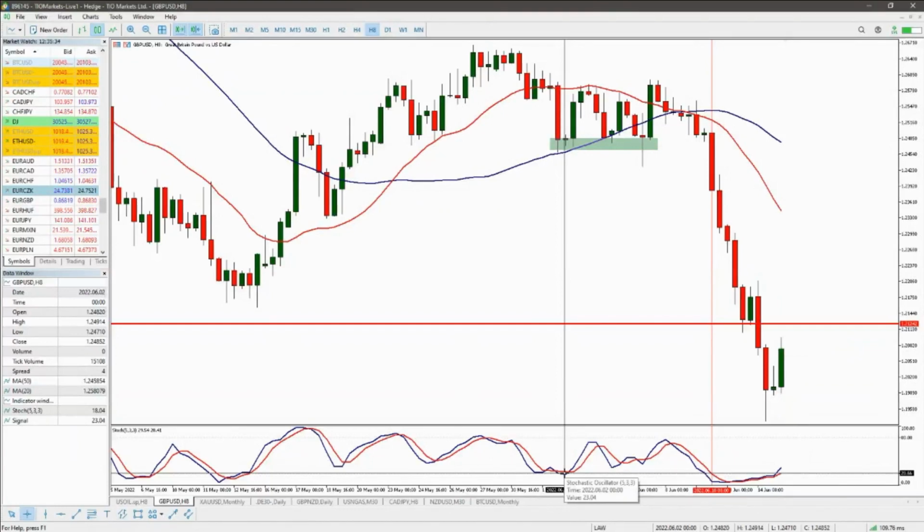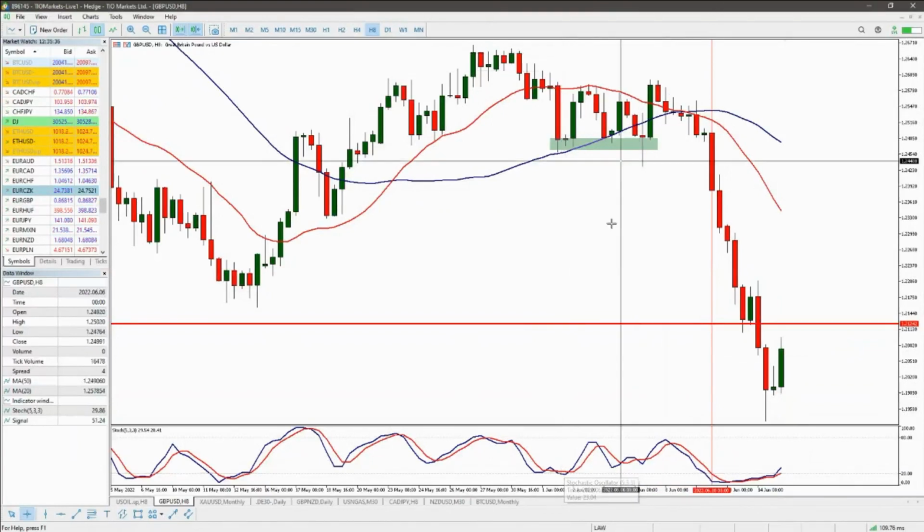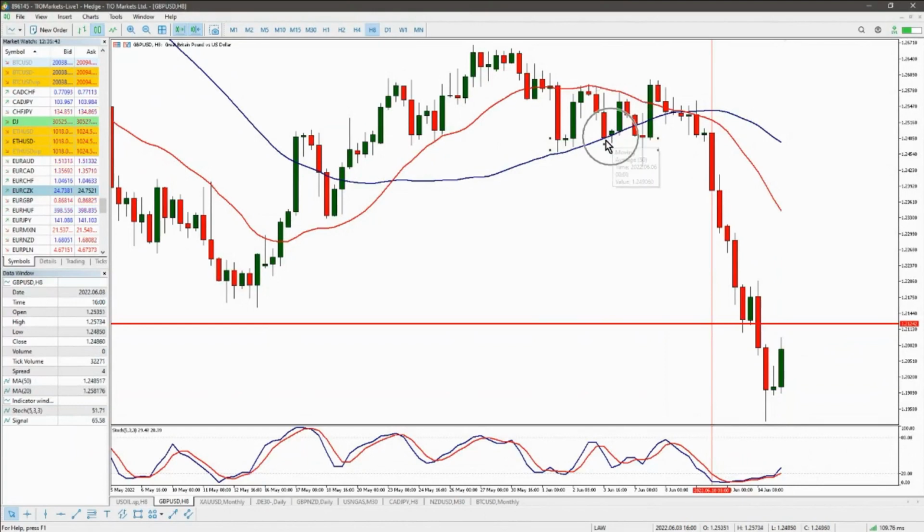And then the market is almost overbought up there, and see what happens. It sells off. But that applies only to ranges.